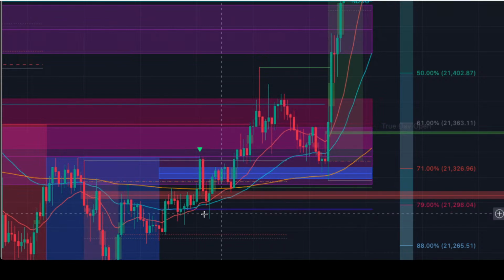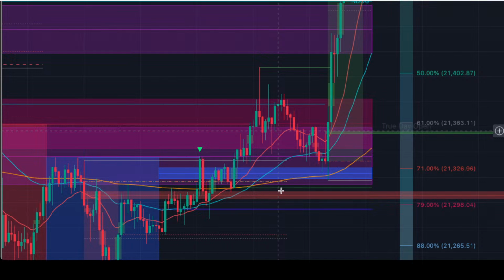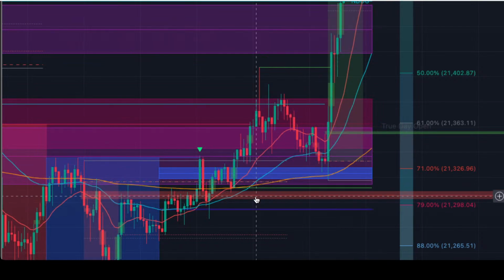And as you can see, the market tapped it, could not get below it, shot up over it, created a second blue zone, market tapped it, continued up from it. But the darker the color, the stronger the zone. Same thing for the purple zone.